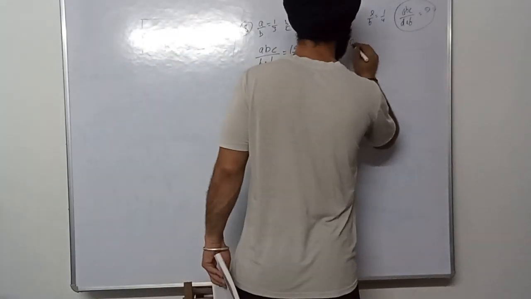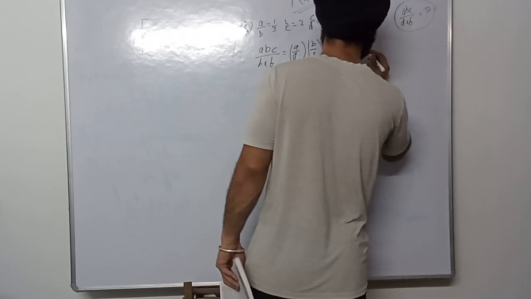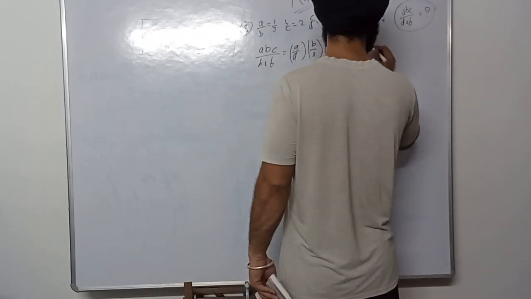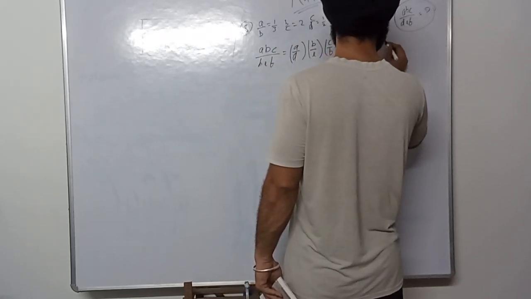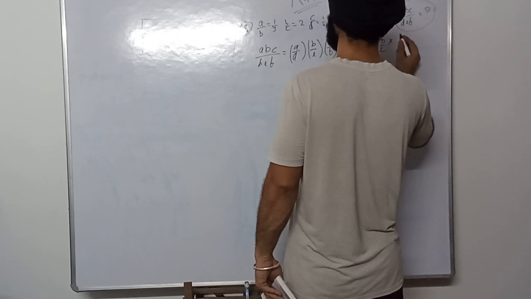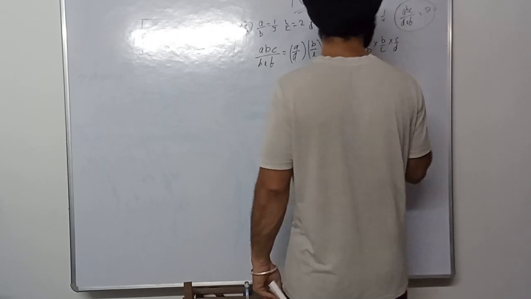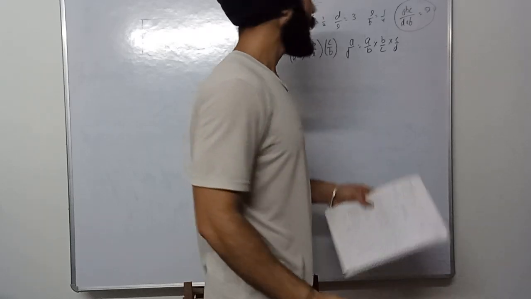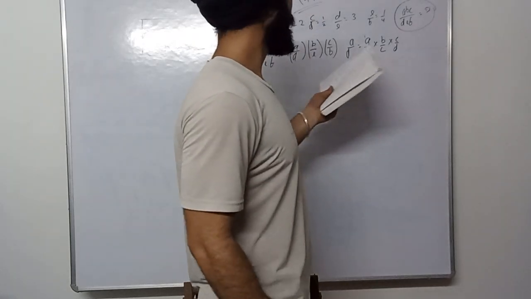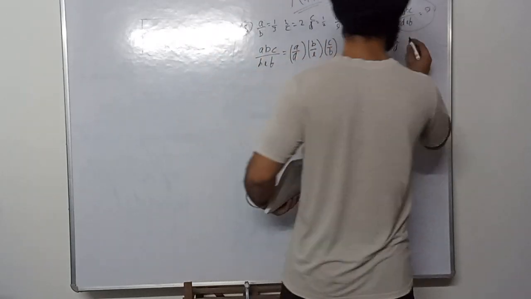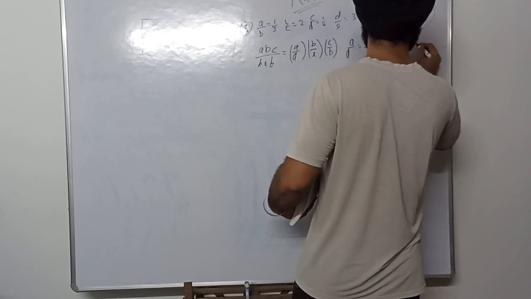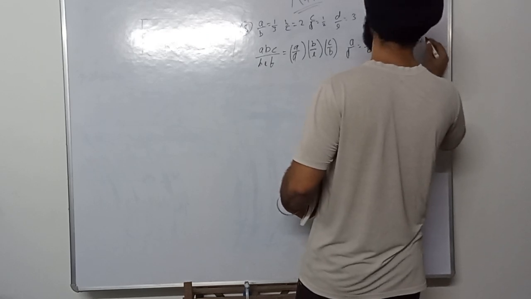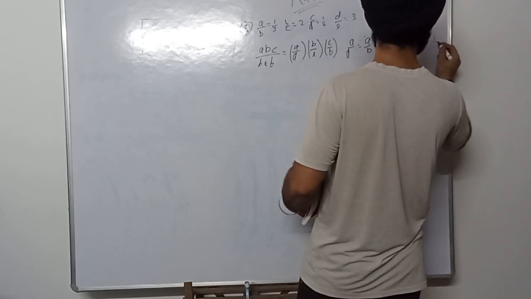We can write it down. A by D is equal to A by B into B by C into C by D. Now you can see that B and C will cut, and we will get A by D. So we have the value A by B is equal to 1 by 3 into B by C is equal to 2 and C by D is equal to 1 by 2.